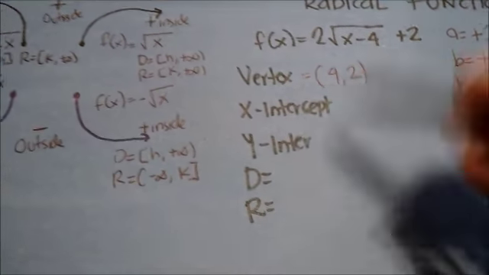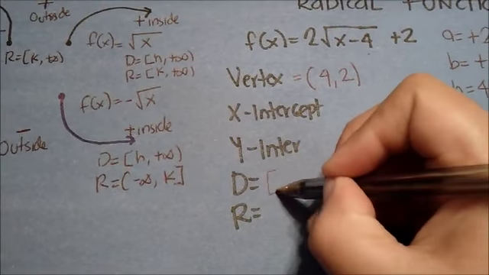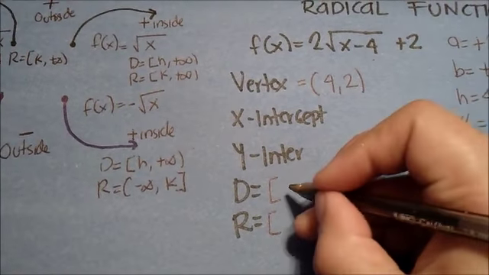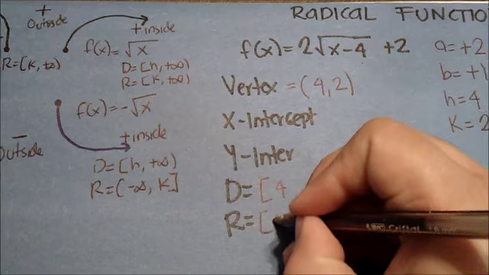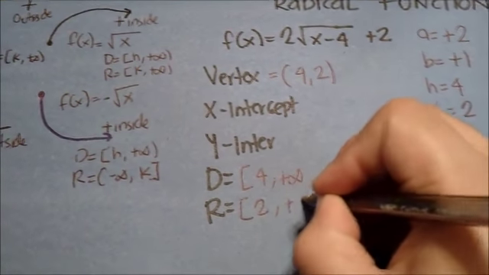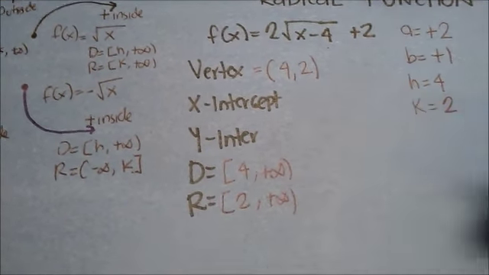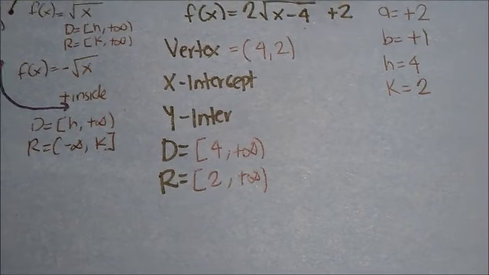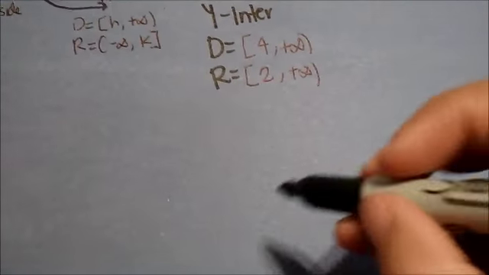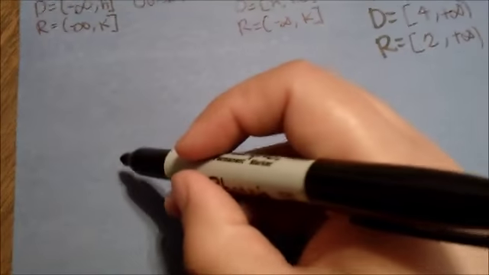So my domain and range are going to be like this one, h comma k. H is 4 and k is 2, comma, plus infinite, parenthesis, parenthesis.